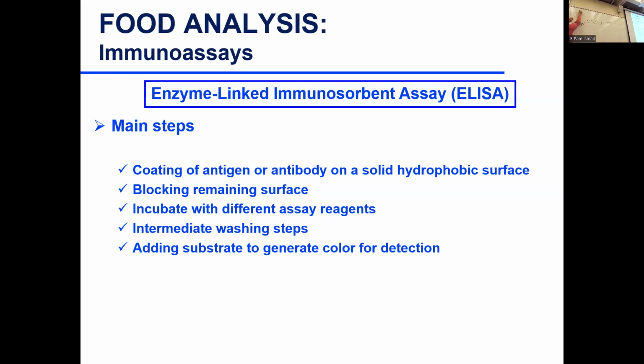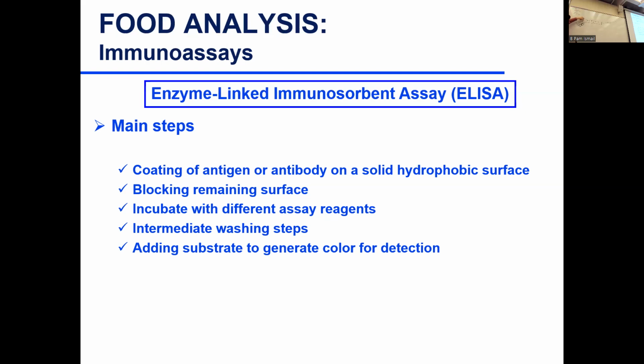So I add a block. After I put my antibodies and allow them to interact, I add a block. The block usually is a protein that we don't care for, so bovine serum albumin or gelatin, very common proteins used.